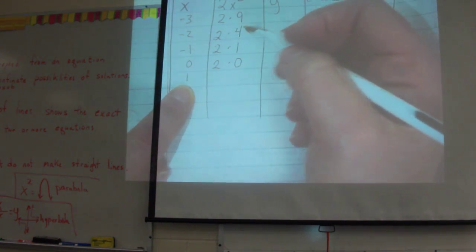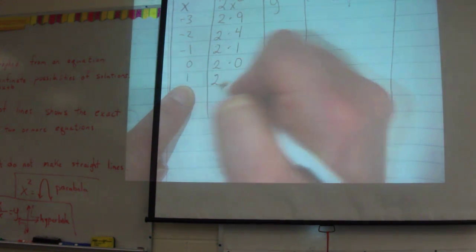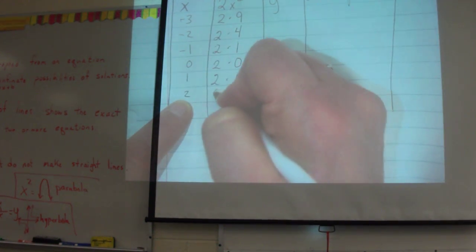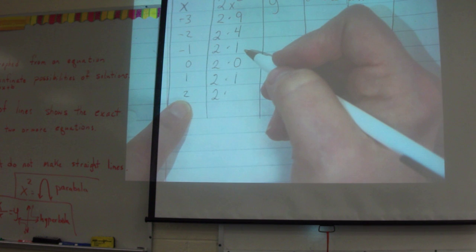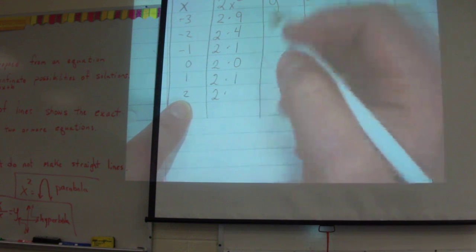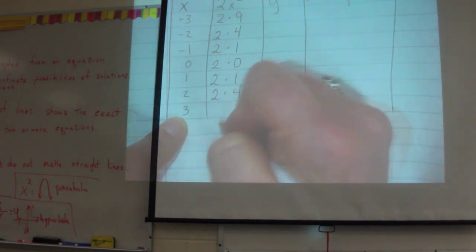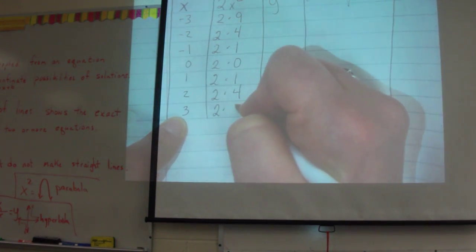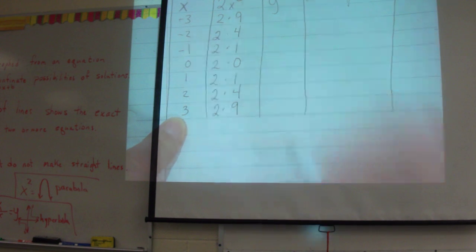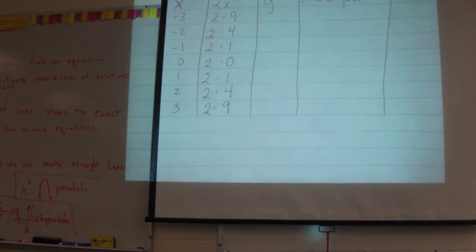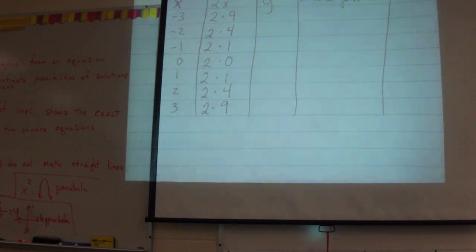What's 1 times 1? 1. So we have 2 times 1. What about 2 squared? 2 times 2 is 4. And then 2 times 3 squared, 3 times 3 is 9. Are you noticing that we start with 2 times 9 and end with 2 times 9? That's because of the rule that a negative times a negative is going to be a positive. And that's the whole reason that x squared makes this shape.